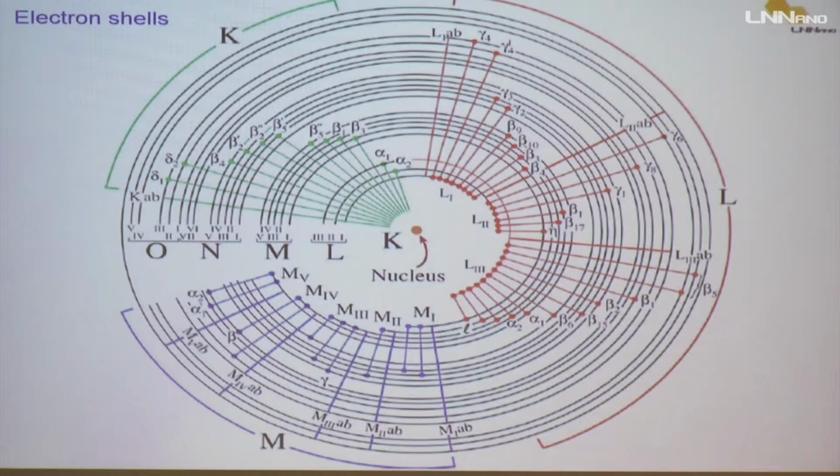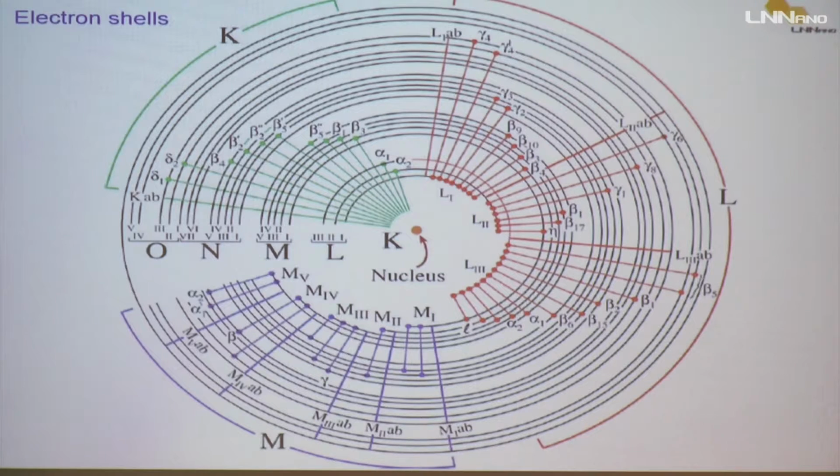Here, just to illustrate, we have all the possible electron shells that are involved. For a K transition, we have K alpha 1, K alpha 2, K beta 1, beta 3, beta 2, all these possible ways to relax. What you need to think is: I ionized this K electron from my element in my material.